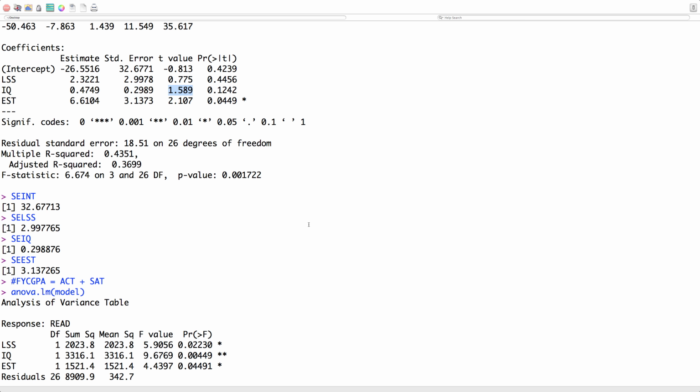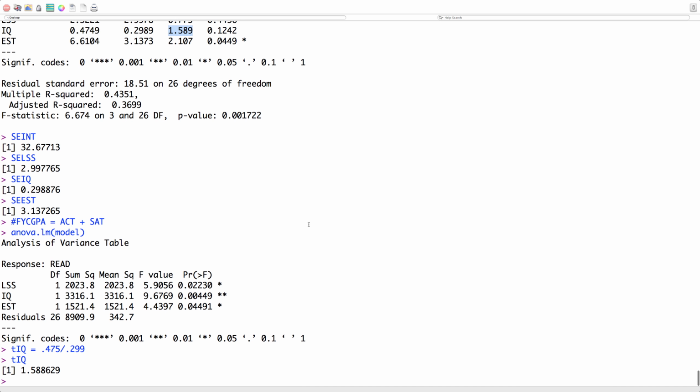I'm pretty sure it's n minus 2 because we would have 2 degrees of freedom because we use, yeah. So guys, what we're going to do is our p-value for IQ.